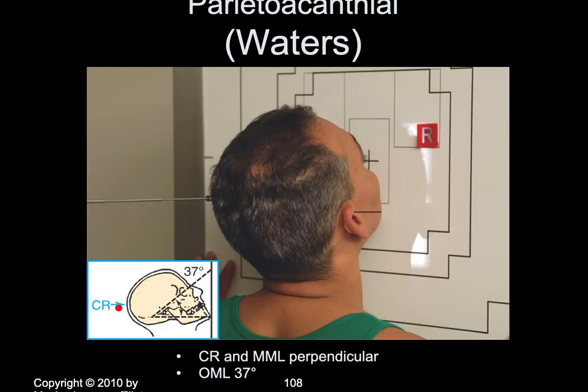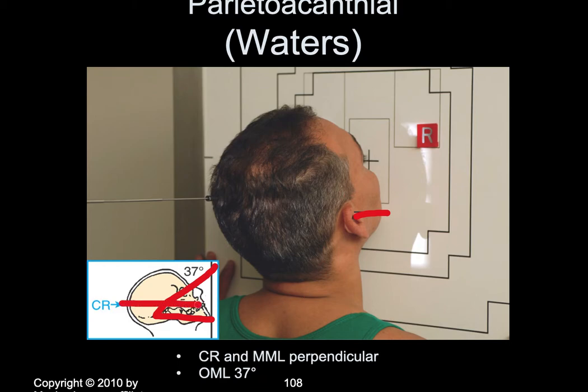Parietoacanthial Waters, okay? 0 degree central ray, MML perpendicular to the image receptor, forms a 37 degree OML line, okay? So make sure that they get their chin up there. Central ray and MML are perpendicular, and OML forms that 37 degree, and you're going to exit at the nasion.